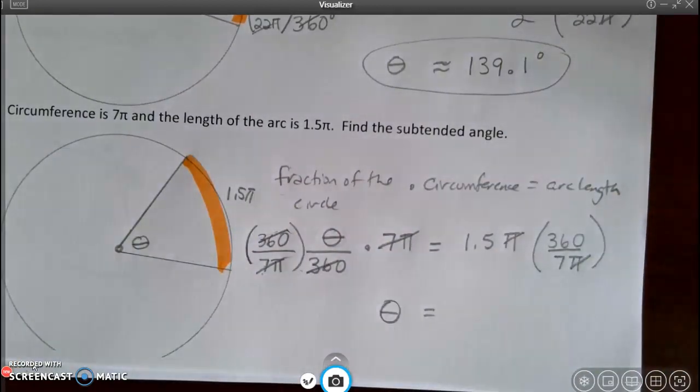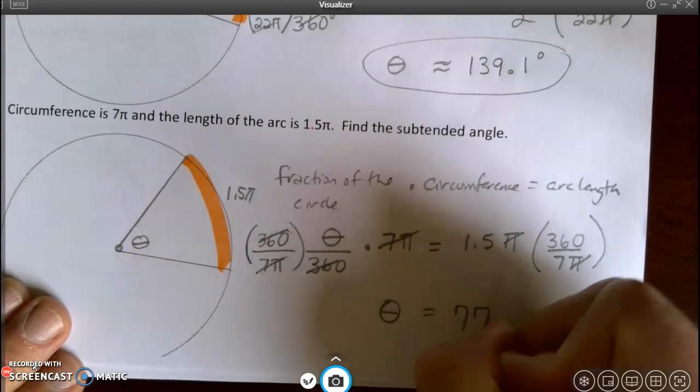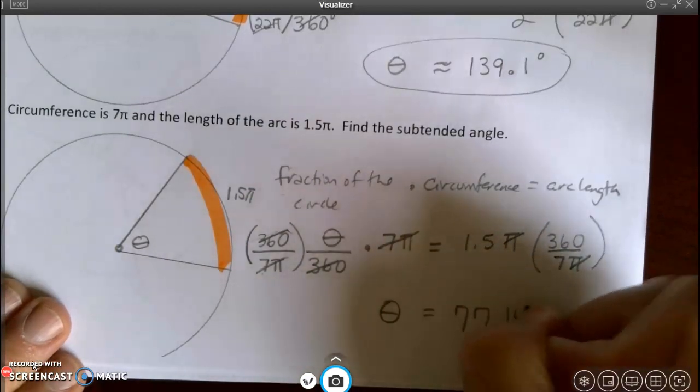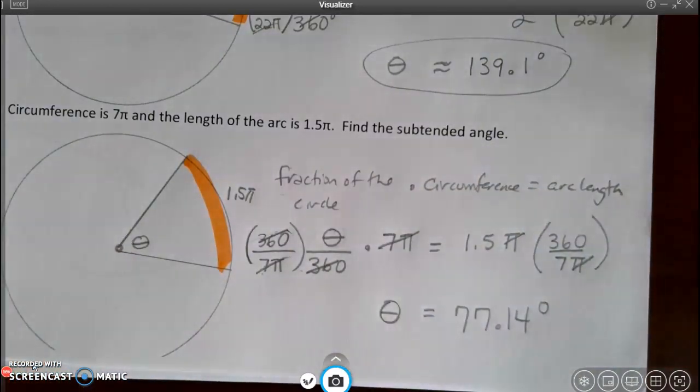In my calculator, I'm going to do 1.5 times 360, and then I'm going to divide by 7. And I get approximately 77.14 degrees. So that's what that angle would be.